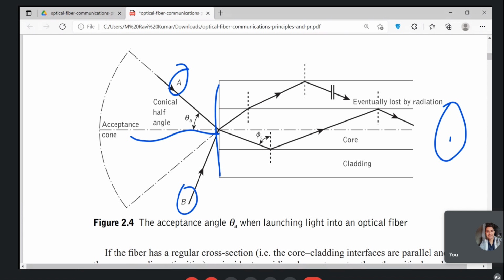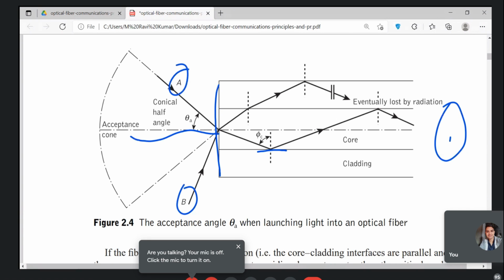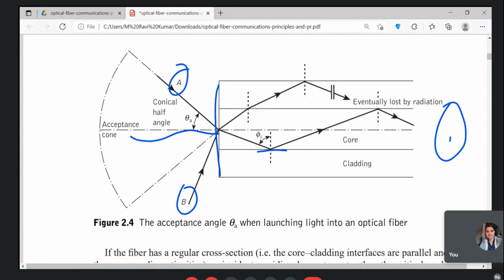Now if you look at this other angle, phi C corresponds to the total internal reflection that has occurred at the core cladding interface. That is this. At this core cladding interface, if this angle is lower, you can expect total internal reflection not to occur.